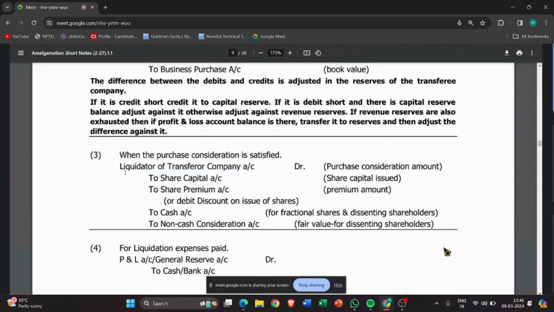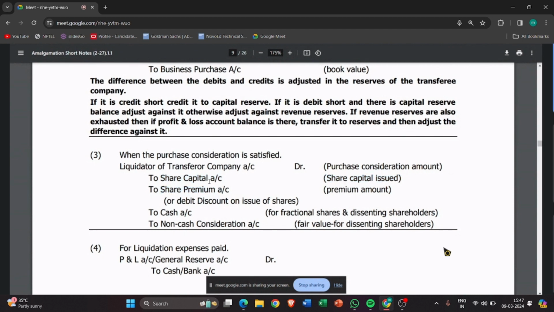So the entry is liquidator of transferor company account debit, to share capital, to share premium, to cash, and to non-cash items as such. Now, why did the share premium come in here? Because we might issue this old company shares either at par or at a premium.